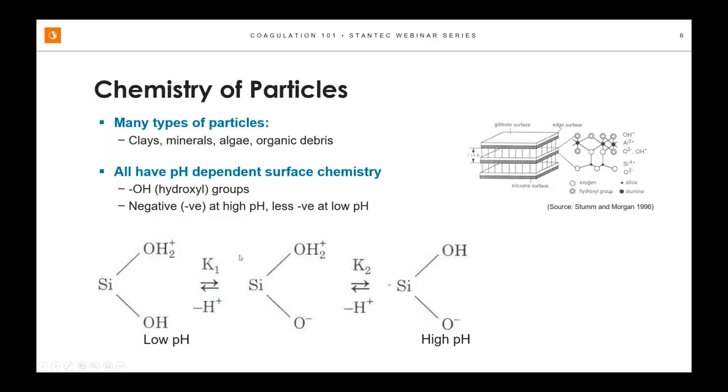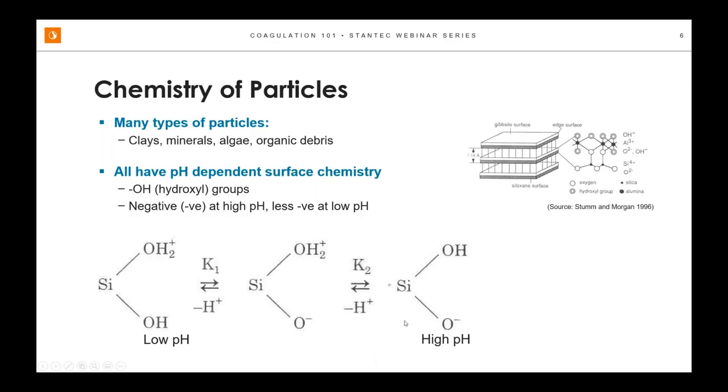And this is what happens when the pH changes. If you have a low pH, so there's lots of hydrogen ions in solution, these hydrogens tend to stick on the base molecule because there's lots of hydrogens in solution, so your equilibrium principles keep that attached. As the pH increases, you have fewer hydrogen ions in solution, and so to keep equilibrium, there's a tendency for the hydrogens that were attached to the surface to leave and go off in solution.